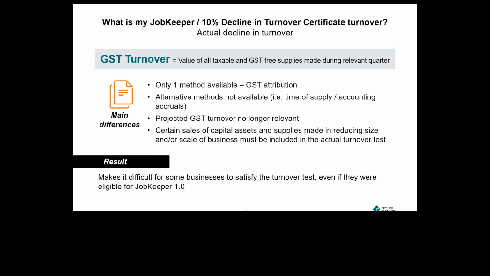I'll come to an example on that in a moment, but it's an important concept that you all need to be aware of up front, which is that capital asset disposals must be included as part of the testing for JobKeeper 2.0 and the 10% decline in turnover testing moving forward.